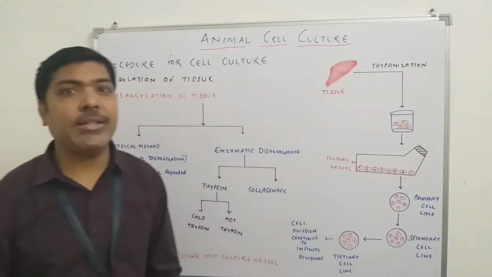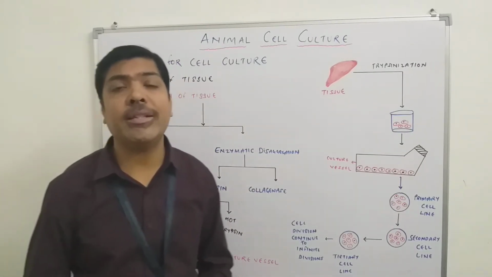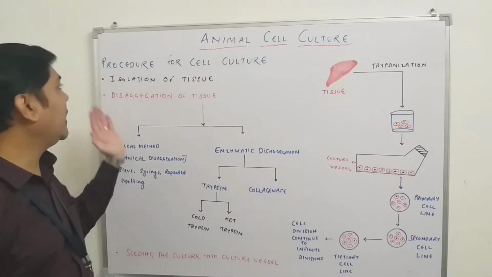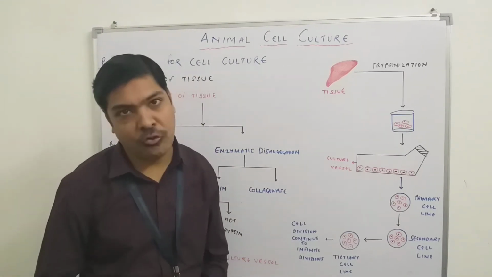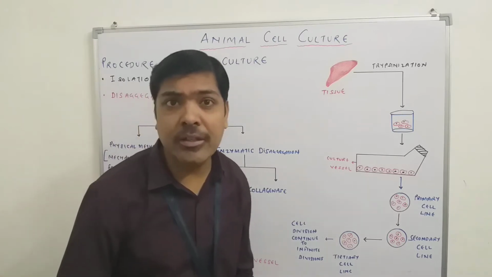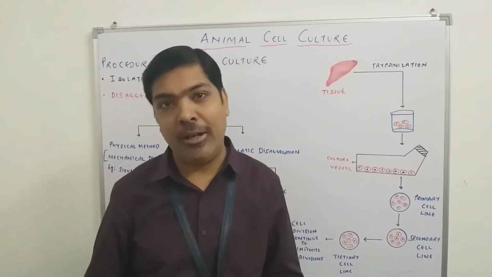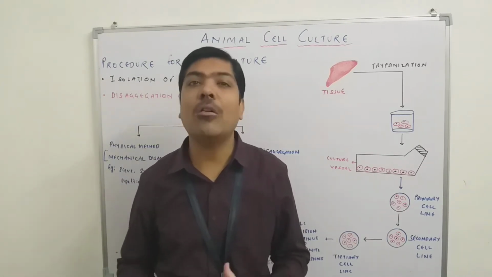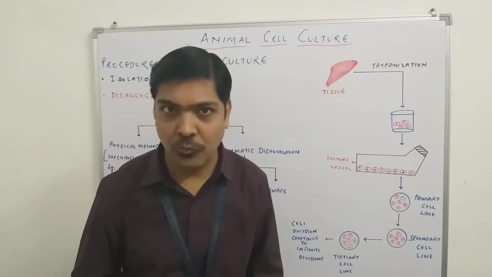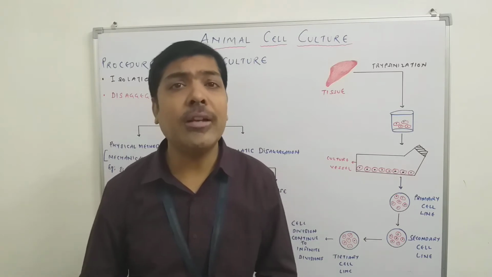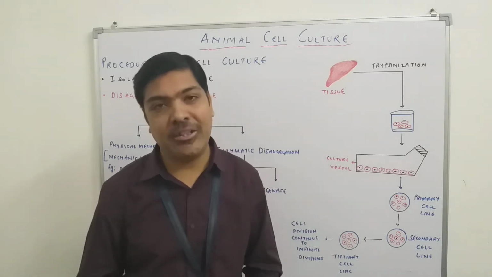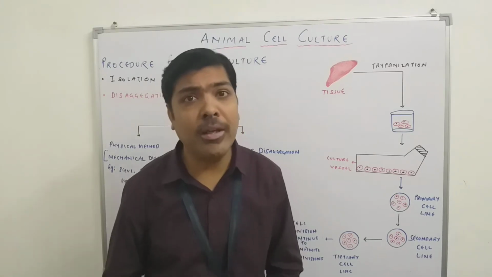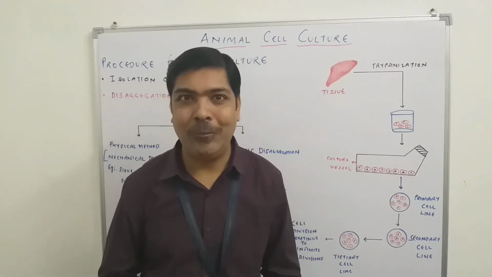So, suppose we have to perform the animal cell culture technique in our laboratory, the first step is the isolation of the tissue. We know that we are cultivating the cell, so cell cultivation starts from the collection or isolation of the tissue. The tissues are generally collected from experimental animals, maybe rat, mice, guinea pig or maybe mouse embryo.